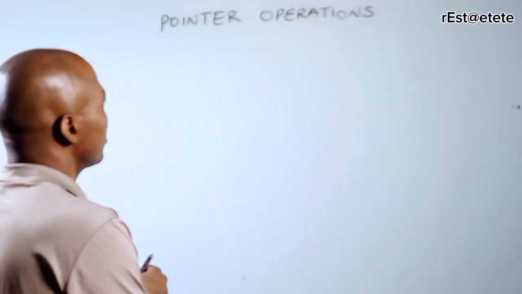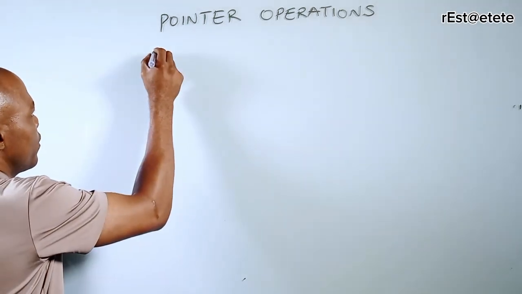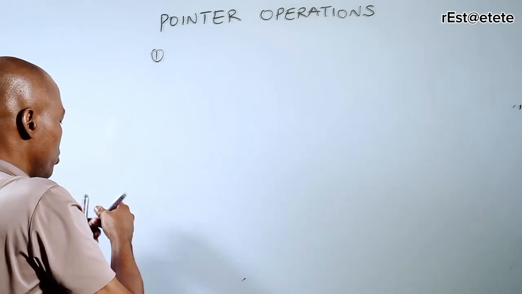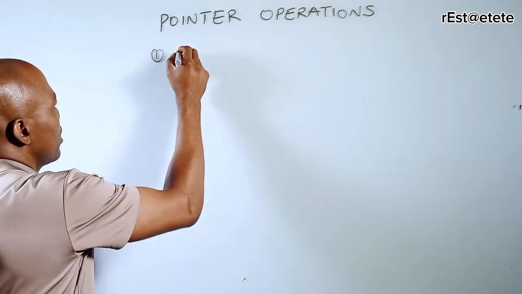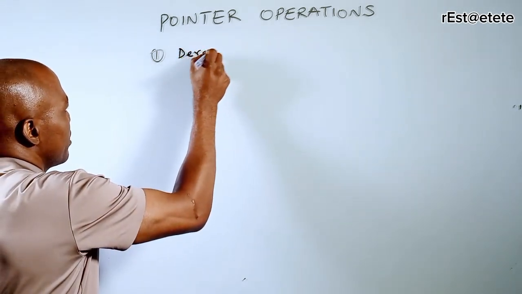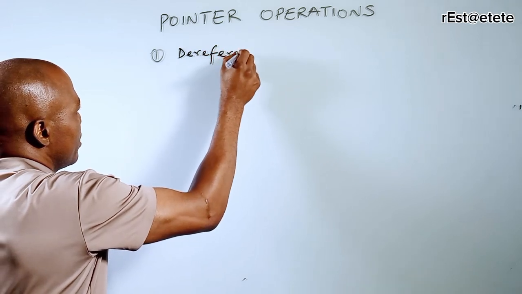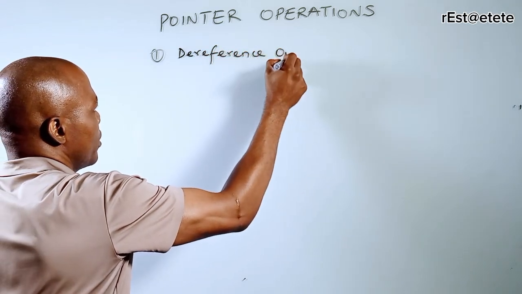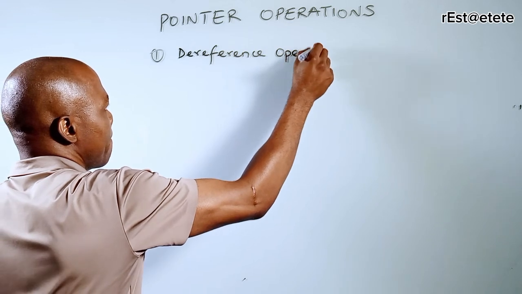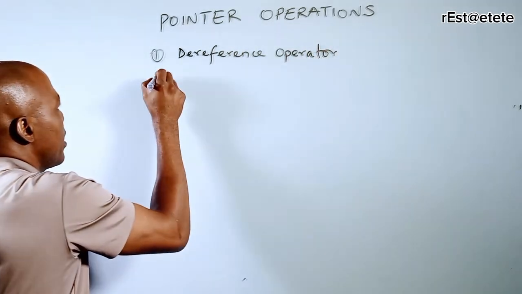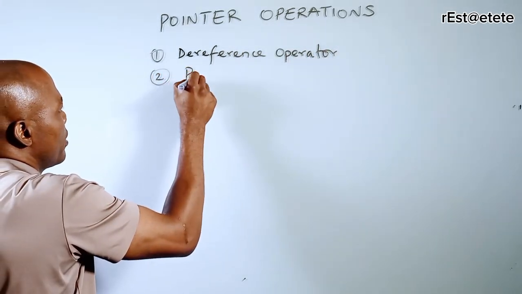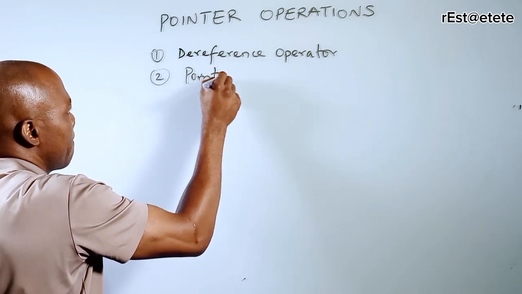So let's look at pointer operations. The first one I'm going to show you will be what? The reference operator. The second one will be what? Pointer arithmetic.